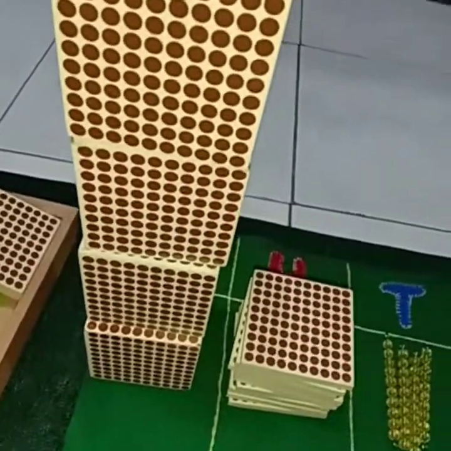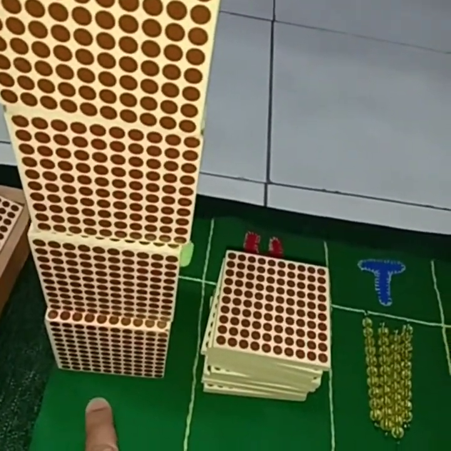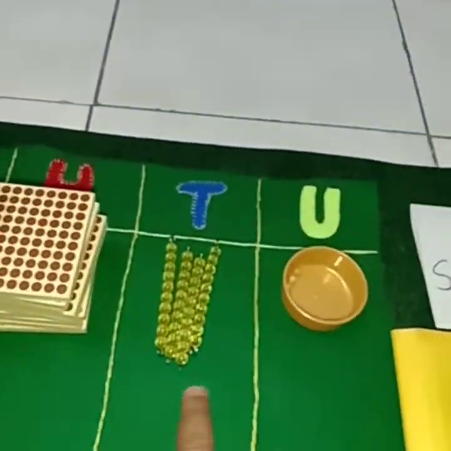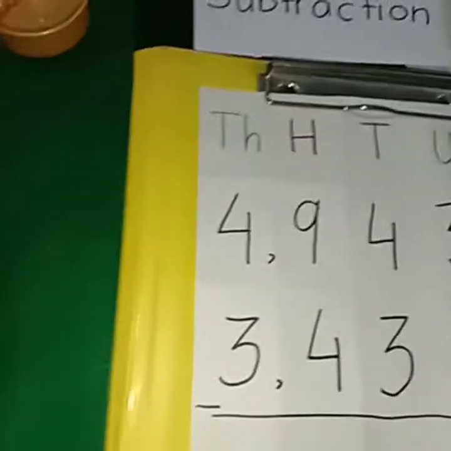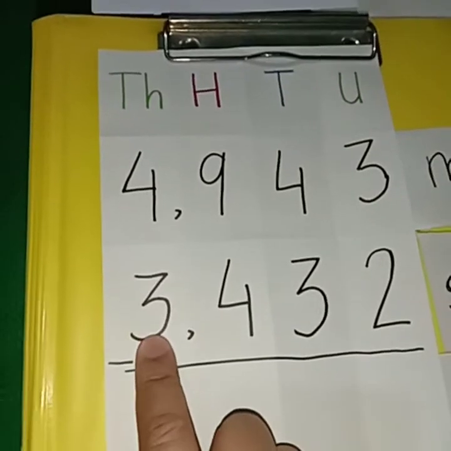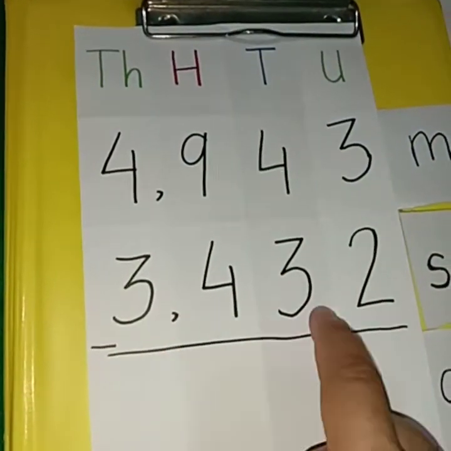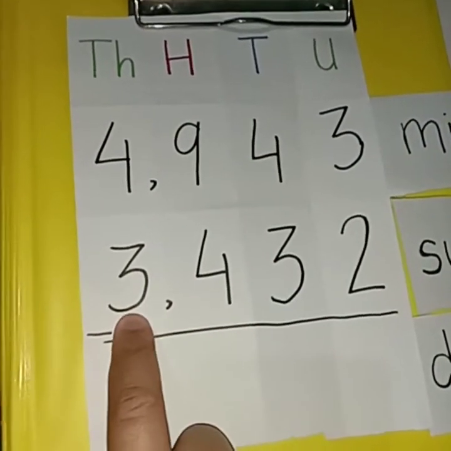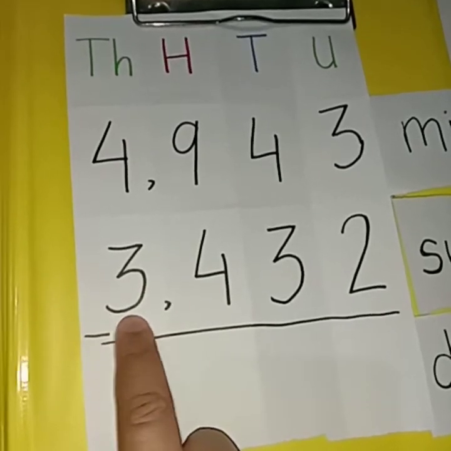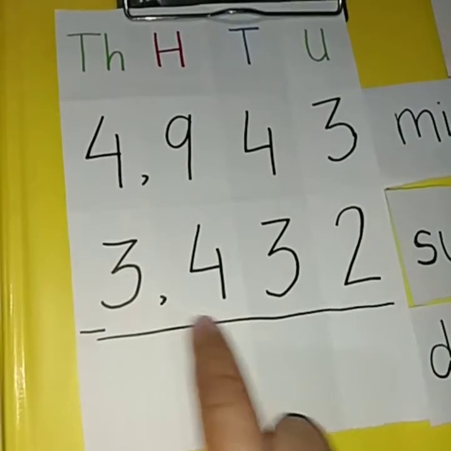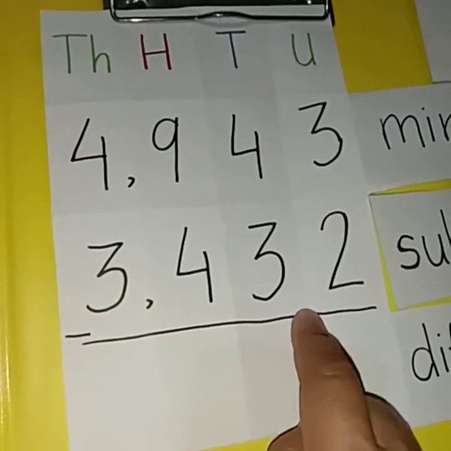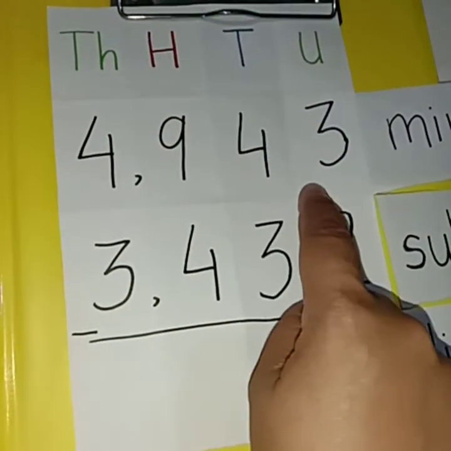So we're done building the minuend, 4,943. And then we need to take away, according to the subtrahend here. The subtrahend is 3,432. The subtrahend is the number that we are going to take away from the minuend.